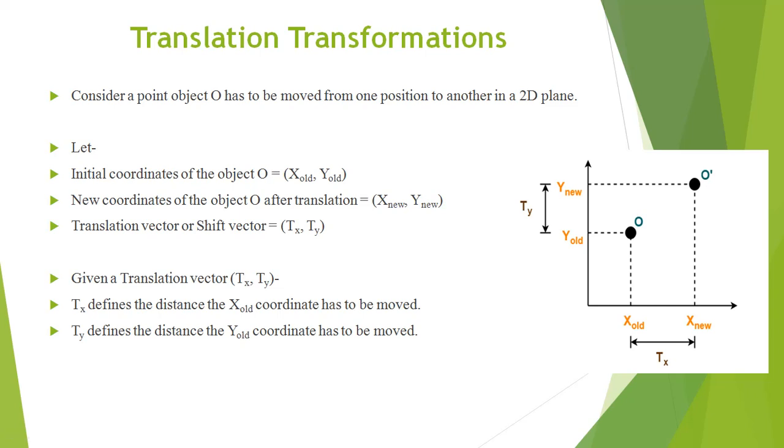In this transformation, we require two shift vectors, tx and ty. These are the translation vector, or we can call it a shift vector. In the given translation vector, tx defines the distance the x coordinate has to be moved, and ty defines the distance the y coordinate has to be moved.